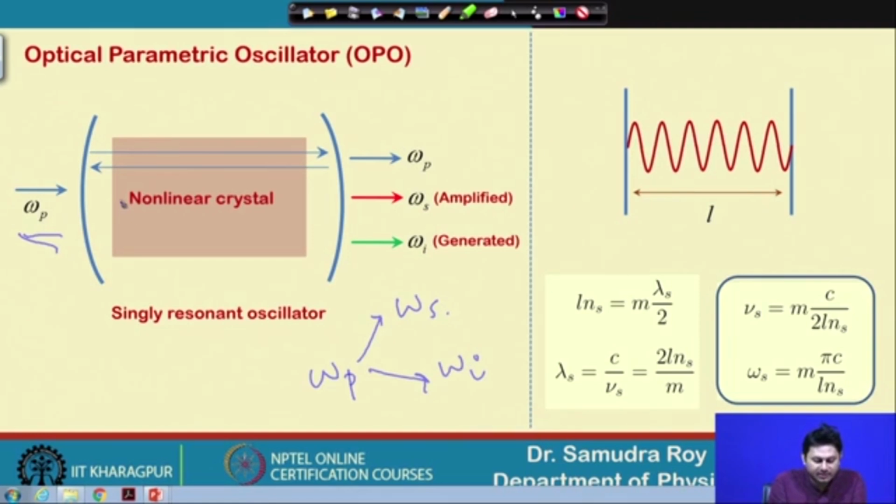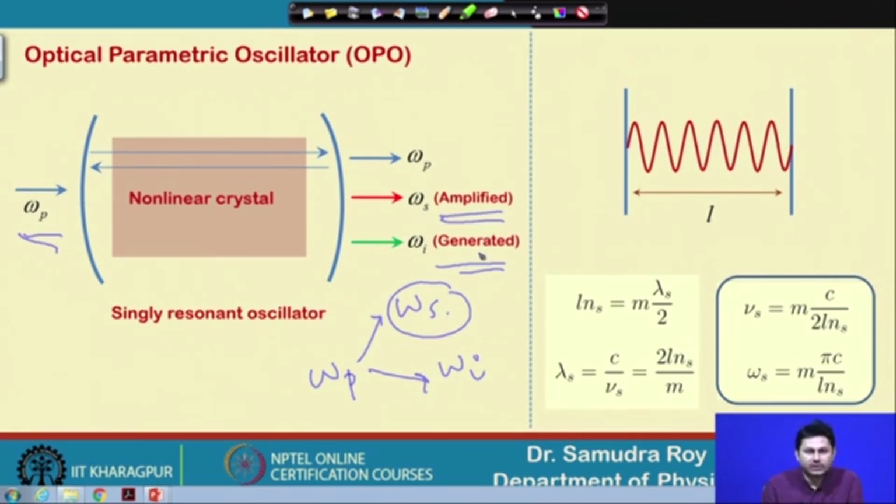So, now omega s is generated here, and for this particular mirror, the reflectivity at the frequency omega s is very high. So, it will start oscillating, making a round trip oscillation. The field associated with omega s will make a round trip oscillation, and we have some amplified omega s, and omega i will be generated, but this omega i will come out because the mirror is made in such a way that it only makes a round trip oscillation for the frequency omega s.